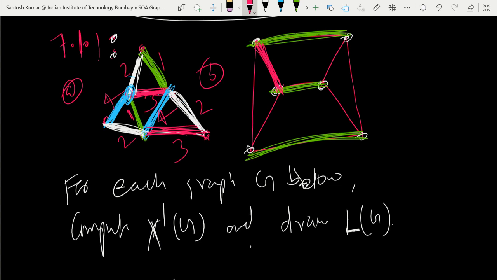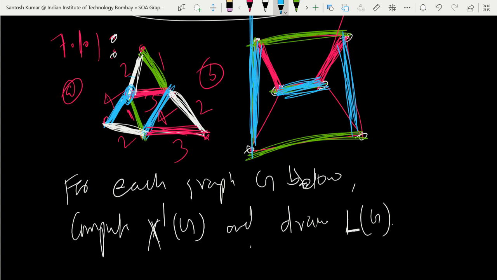So color 2, 2, okay, and then color 3, you can take this one. So color 3 and color 3 we can take here, and we can take color 3 here. Oh, so again I made a problem.